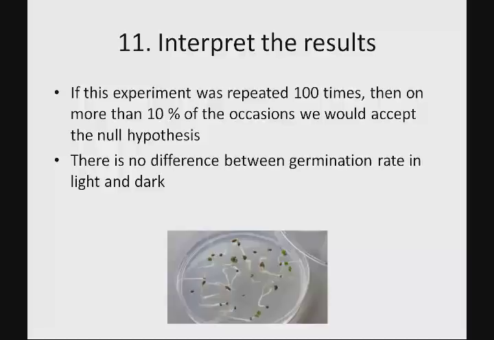So that tells you, or you should know, that if that experiment was repeated 100 times, then on more than 10% of the occasions, so greater than 1 in 10 chance, we would accept the null hypothesis. So we have to conclude that we accept the null hypothesis, and therefore there is no difference in germination rate in the light and in the dark.